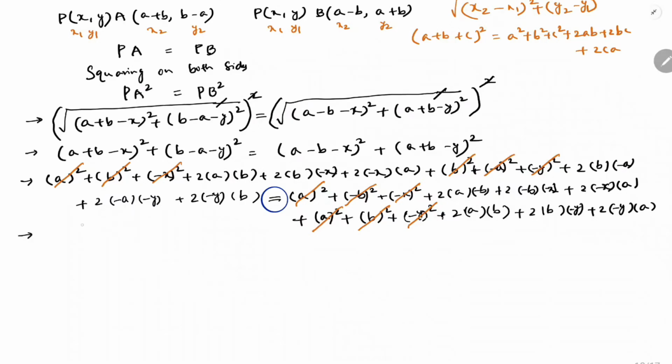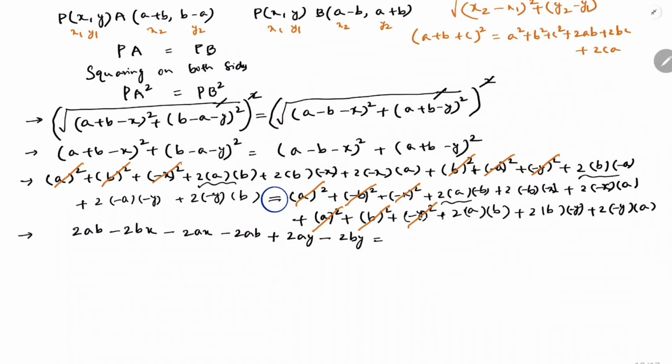So it will be, see now, 2ab, this term, plus into minus, minus 2bx minus 2ax. Here now this one, minus 2ab, minus into minus plus 2ay minus 2by. This is on the left side.